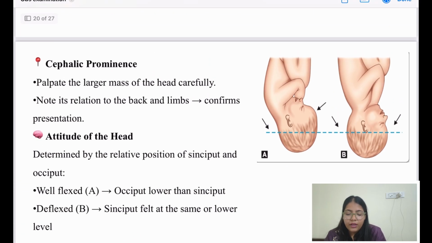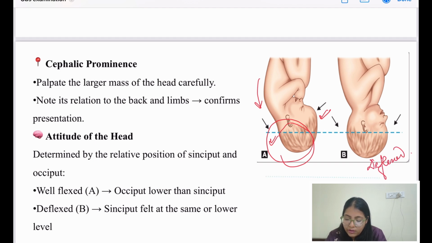So when you grab the head of the baby on the third Leopold's grip, on one side there is occiput and on the other side there is sinciput. Occiput is on the back side of the baby, and it represents the larger mass of the head. So what do sinciput and occiput signify? If you can feel both sinciput and occiput at the same time, then it means the head is deflexed, but if not, then the head is flexed.